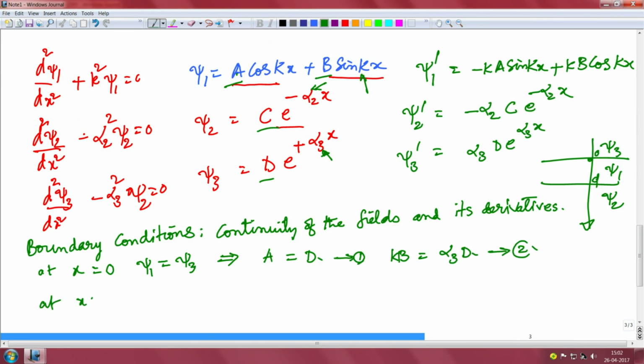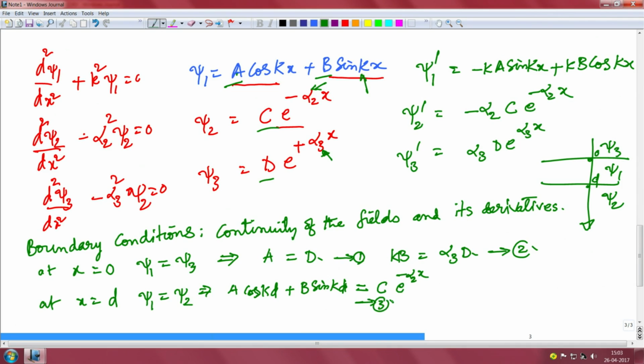Similarly, at x equals d, that is at this point, the guiding layer and substrate interface, psi 1 equals psi 2 gives k cos kd plus b sin kd equals c e power minus alpha 2 x.